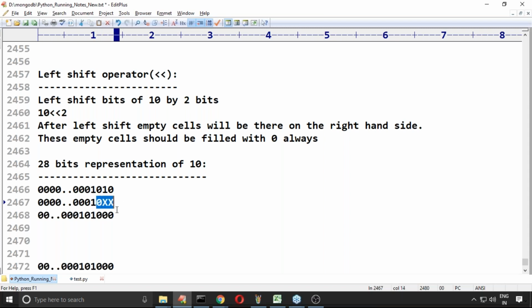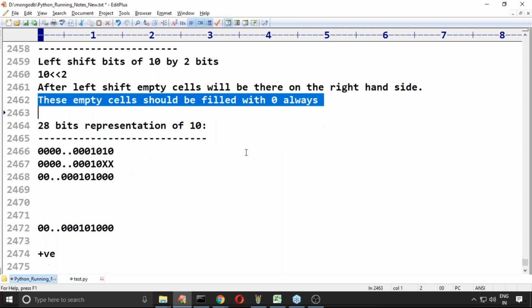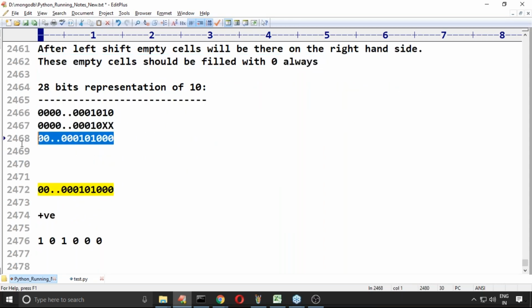These empty cells should be filled with 0 always.